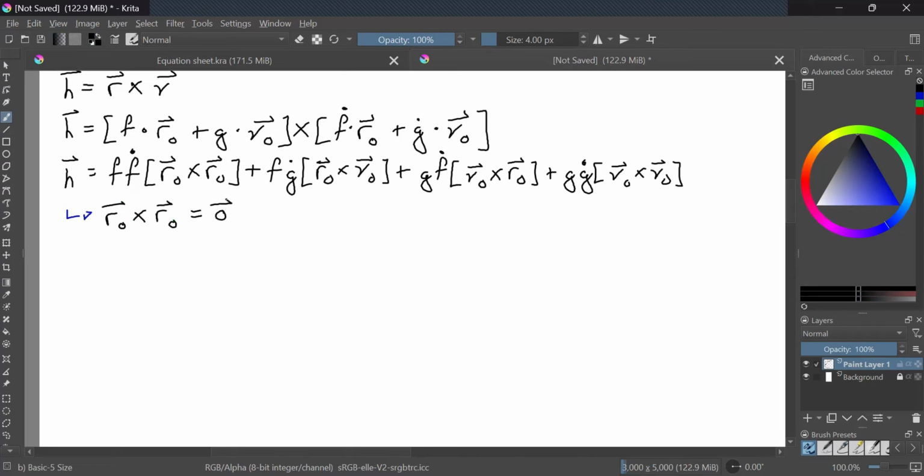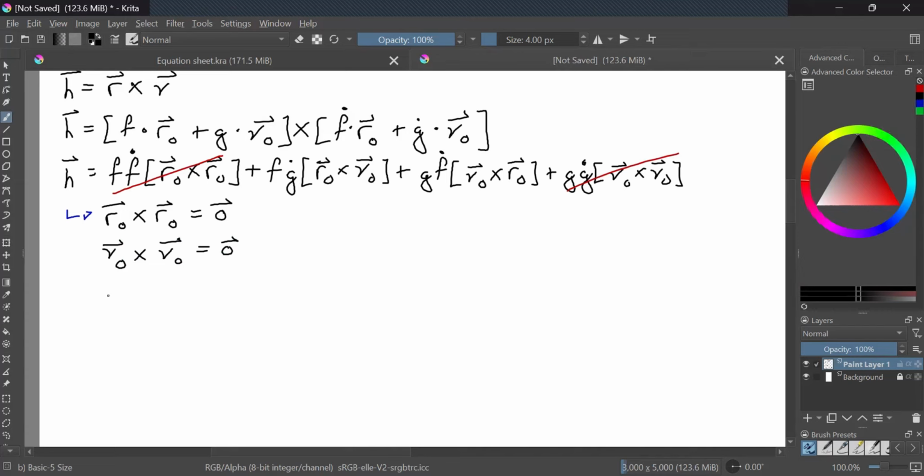That's a 0 vector, as it is with the velocity vector. Here we go. As it is for any vector. Very fortunately, that takes out half of our terms. That's not bad.